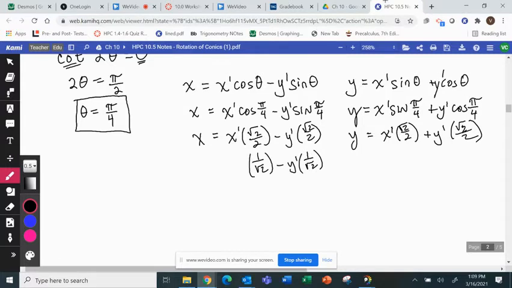That's equivalent. It's just not simplified, but that's not the directions. The directions is we're trying to find an equation. So then for my x, I'm just going to combine the fractions and have x prime minus y prime over square root 2, and y would be x prime plus y prime over square root 2.